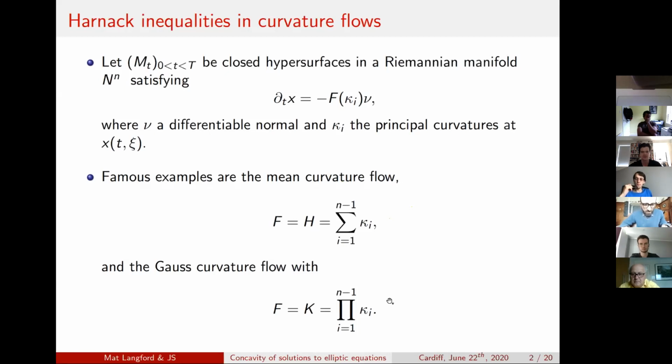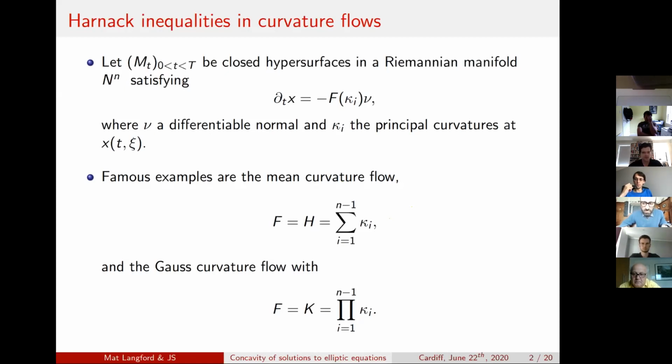But if, for example, the ambient space is a sphere, then there will be a contribution from the ambient geometry to the intrinsic Gauss curvature that we know from classical surface theory. So this is really an extrinsic quantity in general. Only in Euclidean space will it be an intrinsic quantity.